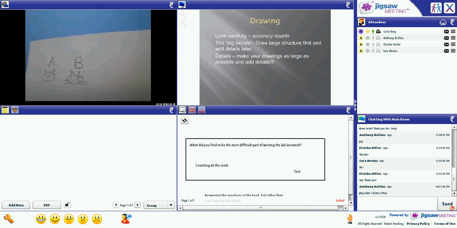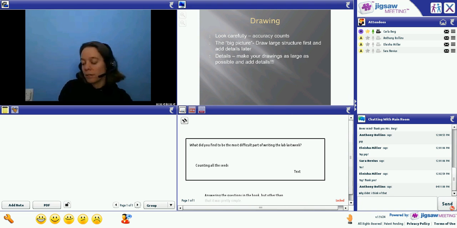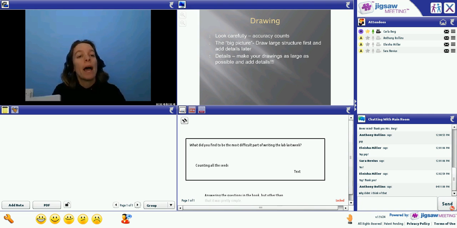It gives you a better idea of how long the whiskers on my cat are. So accuracy definitely counts. When you are drawing a scientific drawing, you want to get the big picture. You start by drawing large structures, and then you add the details in later.